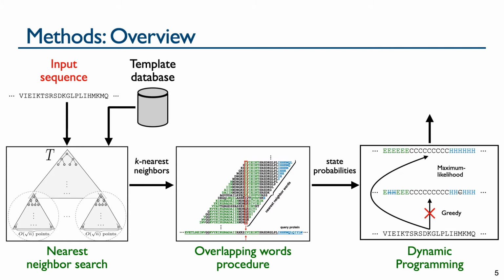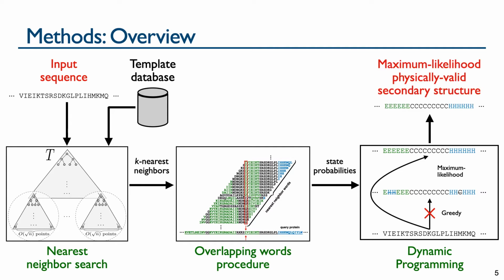These state probabilities are fed into a dynamic programming algorithm that does not output a greedy prediction, which would simply choose the state with highest probability, but instead computes a physically valid structure of maximum likelihood. This maximum likelihood prediction is then output by Nnessy.